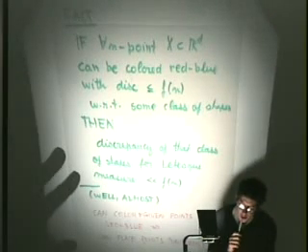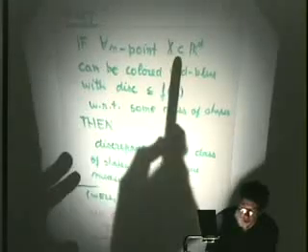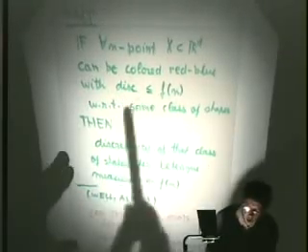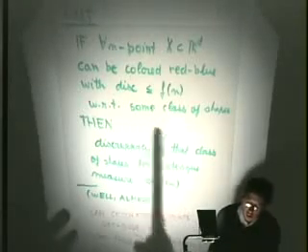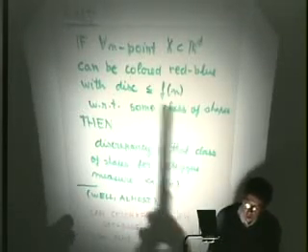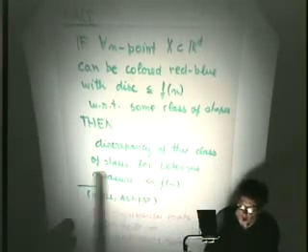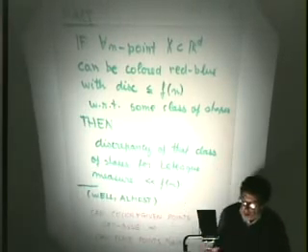So here is a more detailed formulation. If every n-point set can be colored red-blue such that the combinatorial discrepancy of the resulting system is at most f(n) for some function f, then the discrepancy of that class of shapes with respect to Lebesgue measure is also of the order f(n).